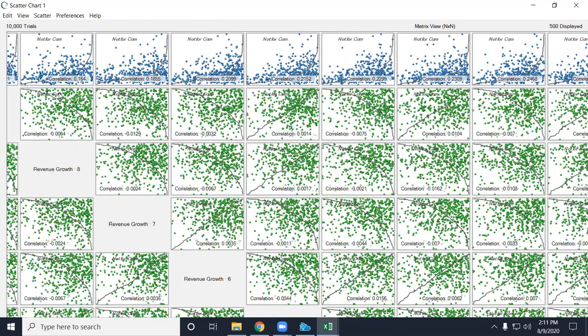You can see the same kind of relationship here: the higher the revenue growth for year 7, the higher the intrinsic value. Again, you can see the same situation for revenue growth 6. So when the revenue growth is higher, you see higher intrinsic value, as we expected.